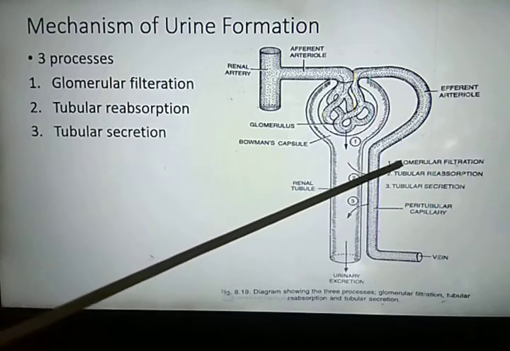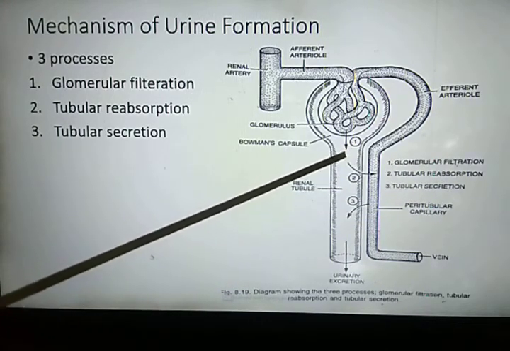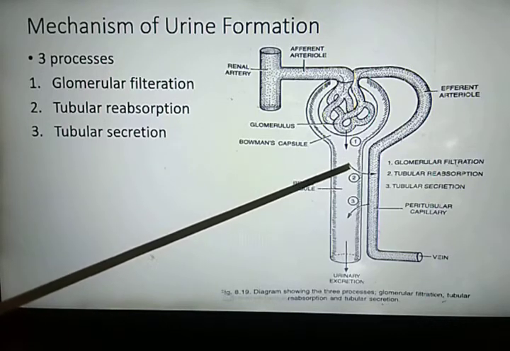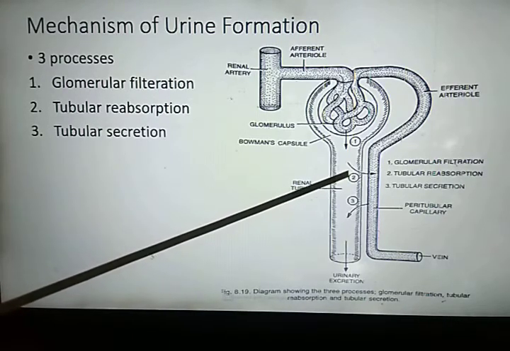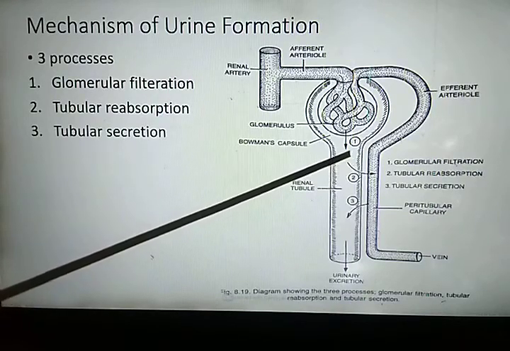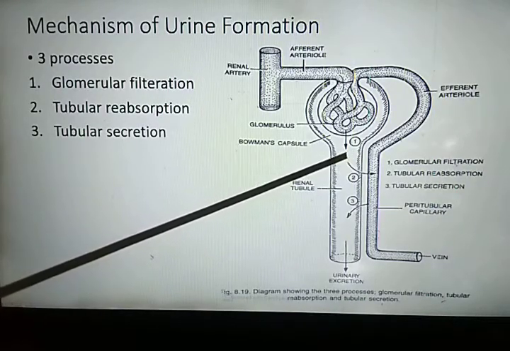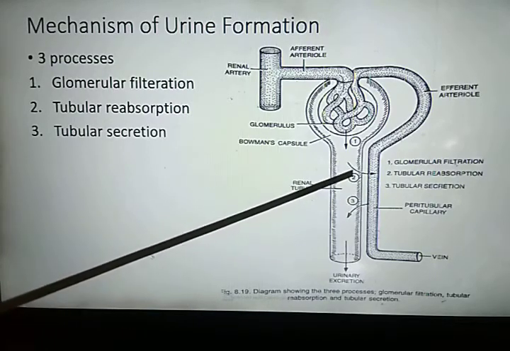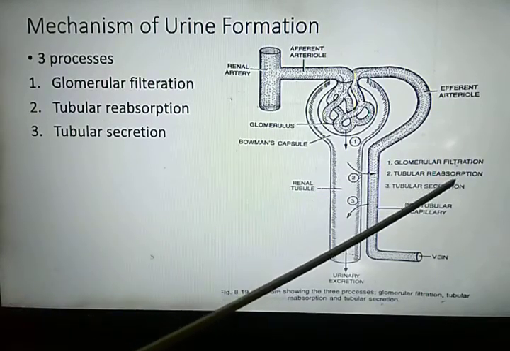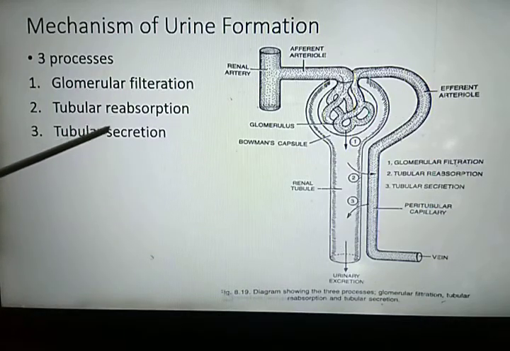Why? Because the blood mainly consists of glucose, sodium ions, potassium ions, bicarbonate ions, and these materials are absorbed in the alimentary canal. So their absorption takes place. Now again they are reabsorbed from the filtrate by the blood. That's why it is known as reabsorption. I hope it is clear to everyone.